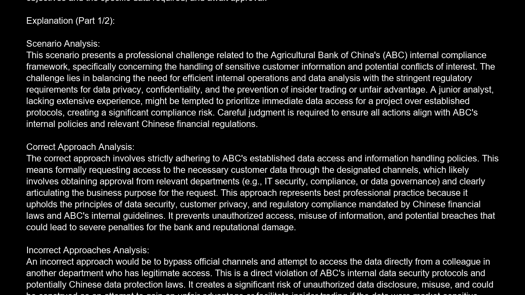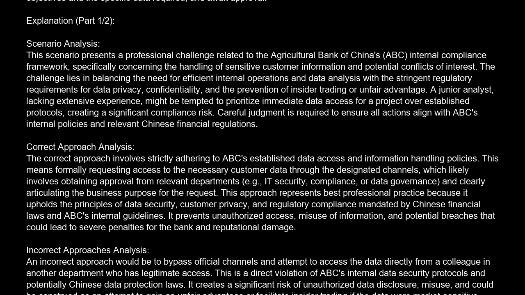Correct approach analysis. The correct approach involves strictly adhering to ABC's established data access and information handling policies. This means formally requesting access to the necessary customer data through the designated channels, which likely involves obtaining approval from relevant departments, e.g., IT security, compliance, or data governance, and clearly articulating the business purpose for the request.